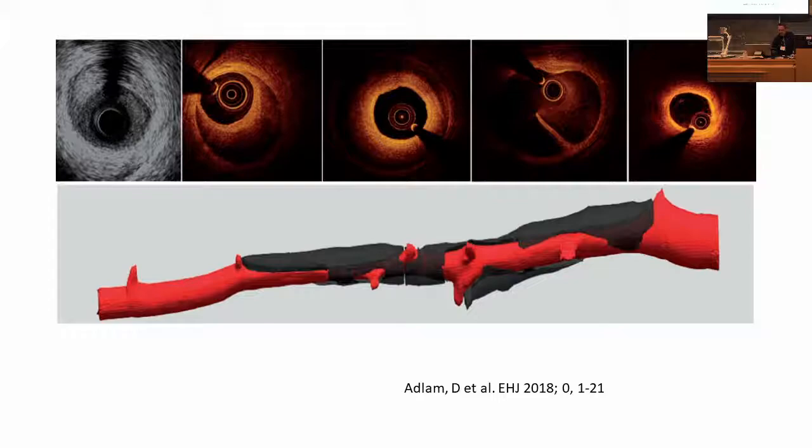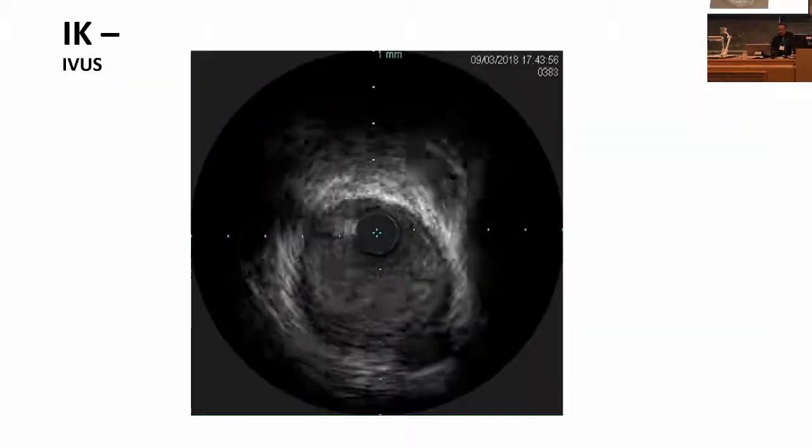In this case, the hematoma is like a crescent, and then it's surrounding the whole vessel. In this case, in here, it actually broke open, and you have a tear here, and then it goes back to circumferential. So depending on where you scan, the intracoronary imaging obviously gives you multiple views of the same problem.